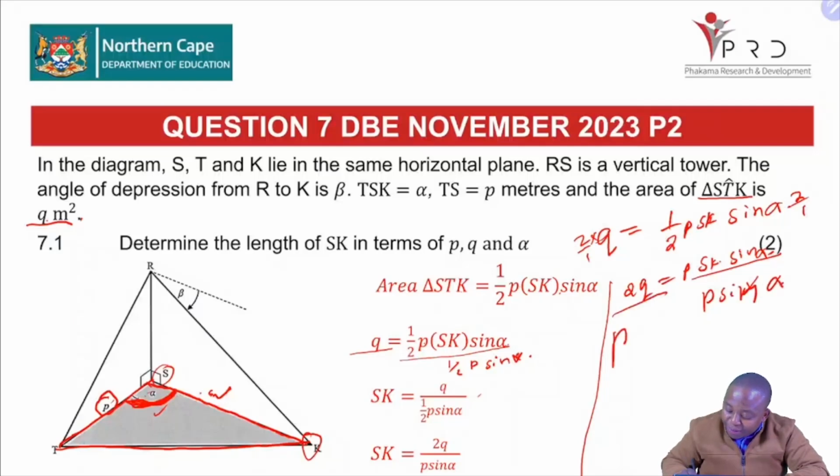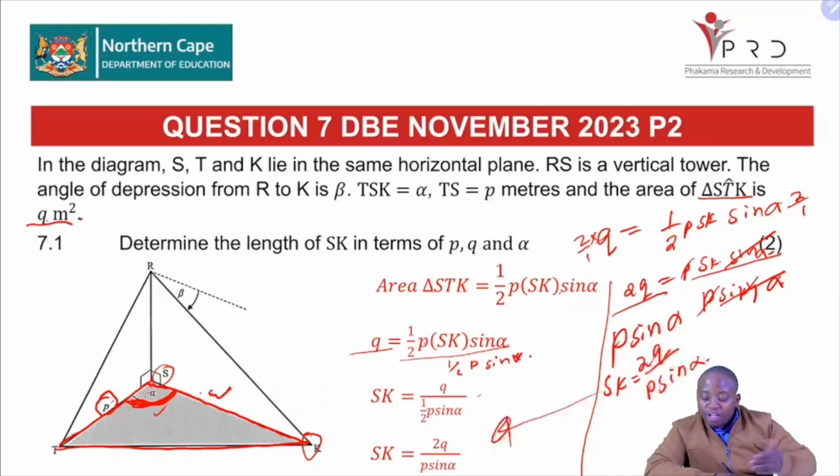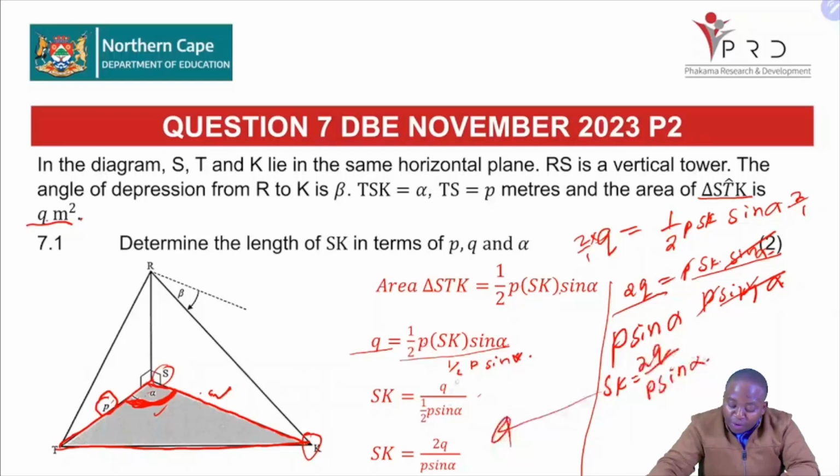Sine alpha and sine alpha divide, P and P divide. Then my SK is going to be 2Q all over P sine alpha, which is what I have right here. So the easier way is to multiply by 2 over 1 first, or we can divide by the whole of 1 over 2. However, it is going to be 2 over 1 again.